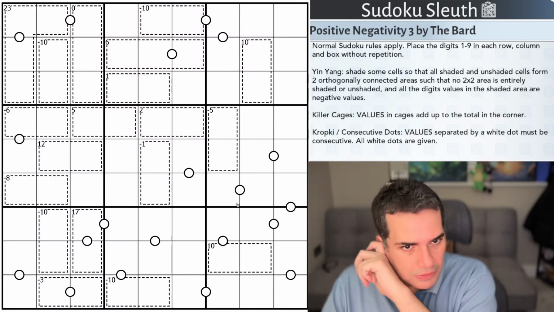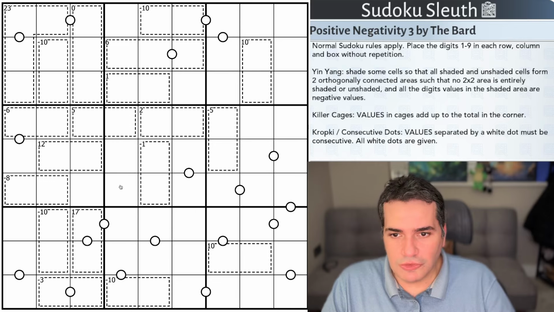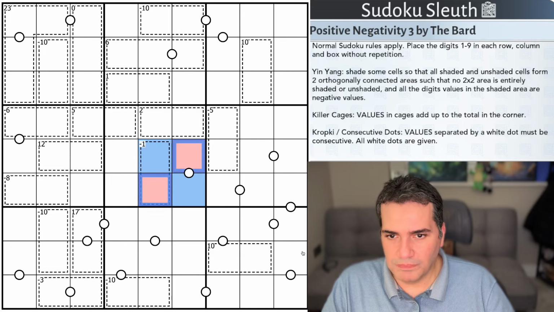Now, I feel like given we've had a kind of an influx of new subscribers, it's probably worthwhile just quickly revisiting some known tips about yin and yang cells. First off is you can never have a checkerboard pattern.